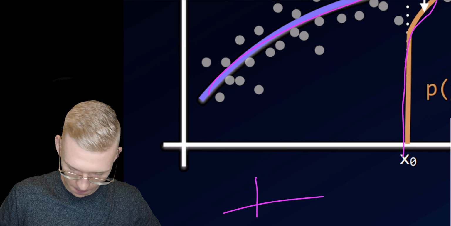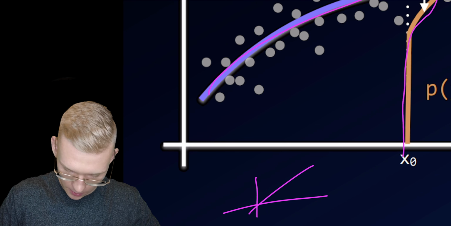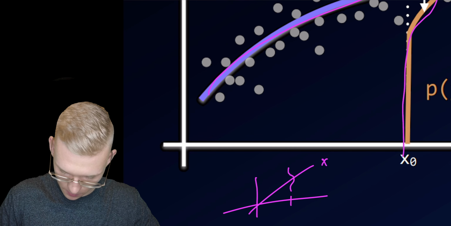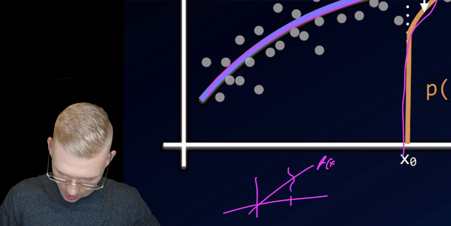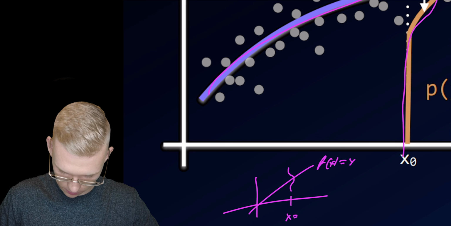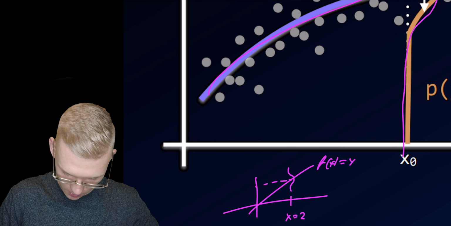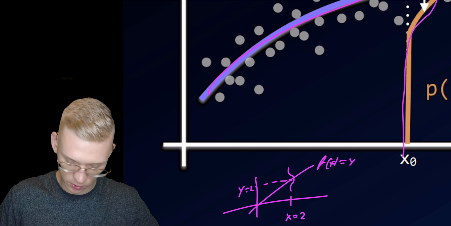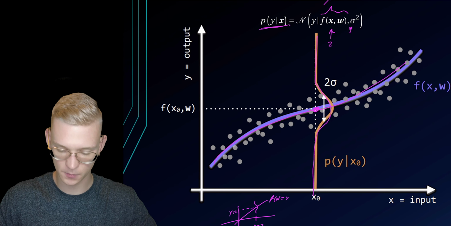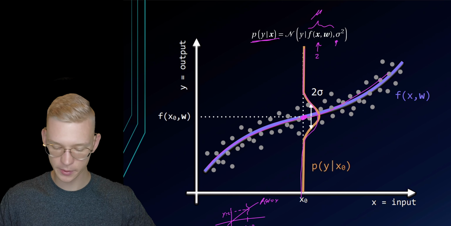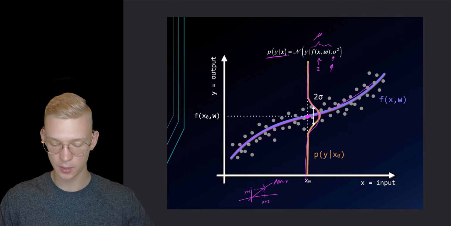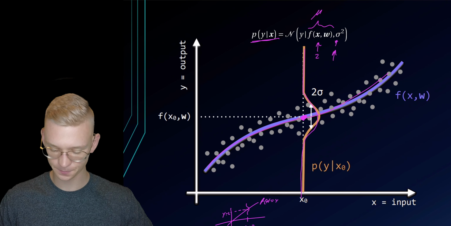So this is a straight line. We say that if f of x is simply x, and x is at 2, y will be also at 2, and we would insert here a 2. So now we have a normal distribution centered around 2 with a variance of sigma squared.